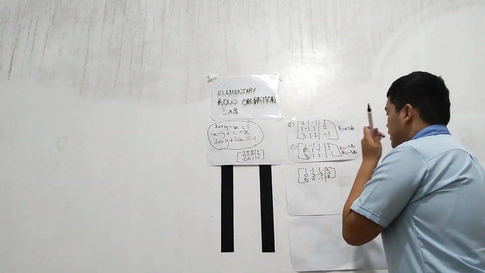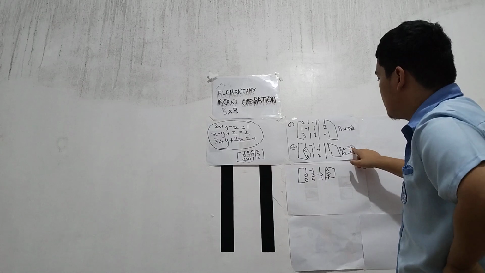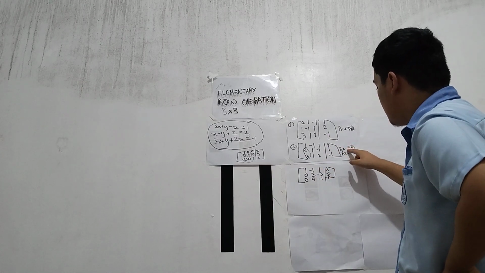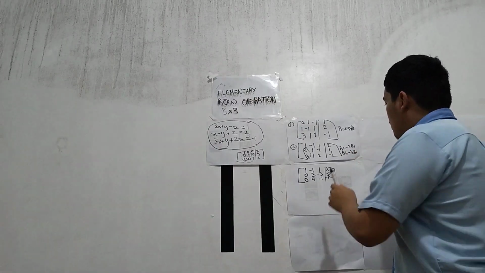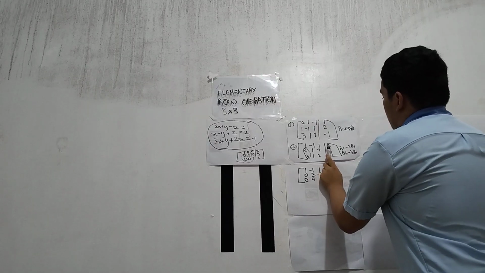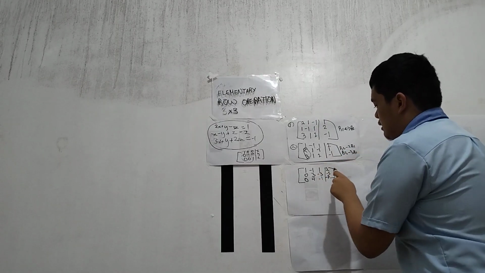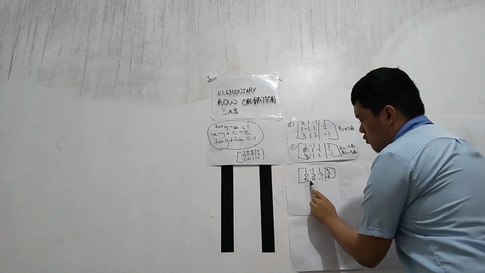And negative 1 minus 2 is negative 3, and 1 minus 4, because 2 times 2 is 4, and 1 minus 4 is negative 3, and this becomes 0 also.